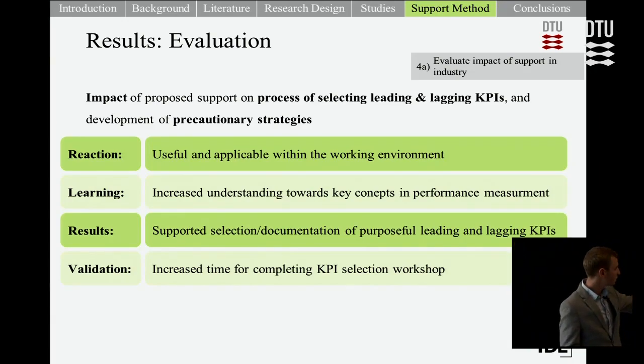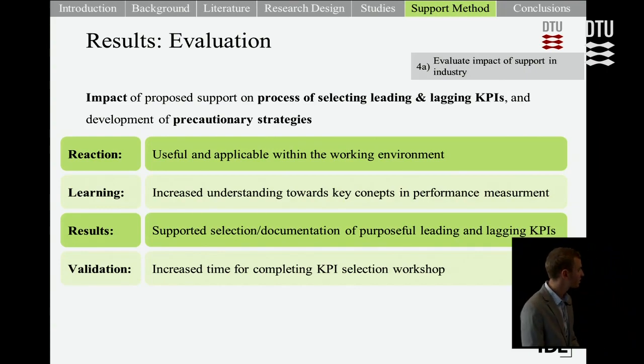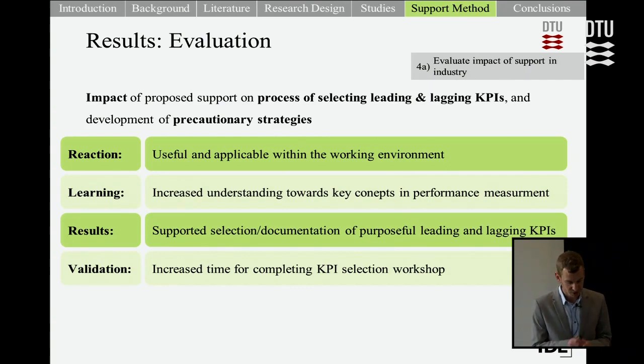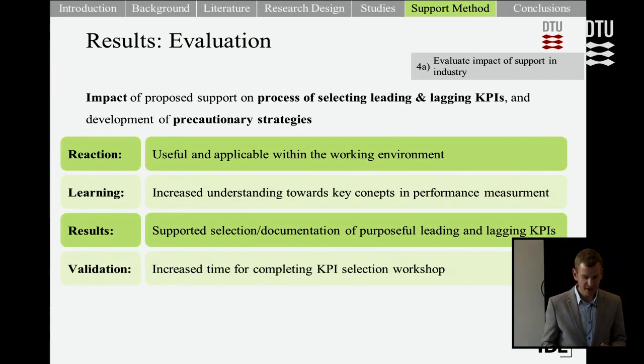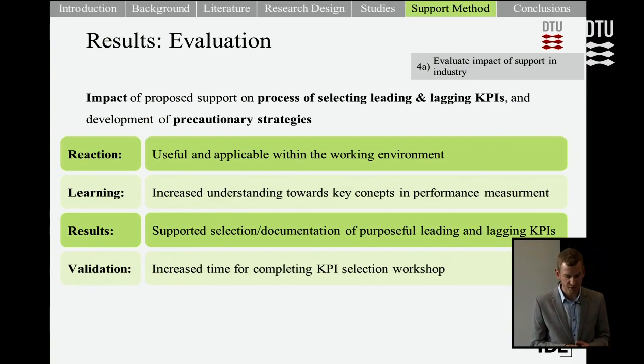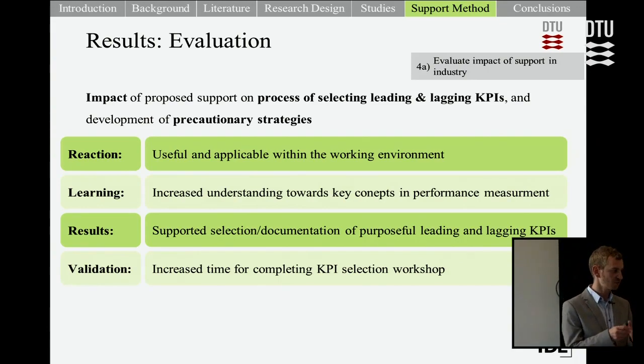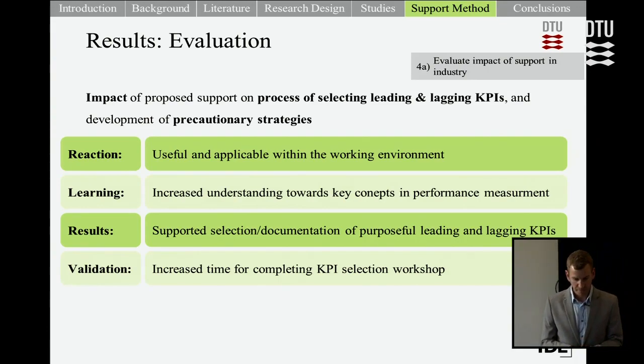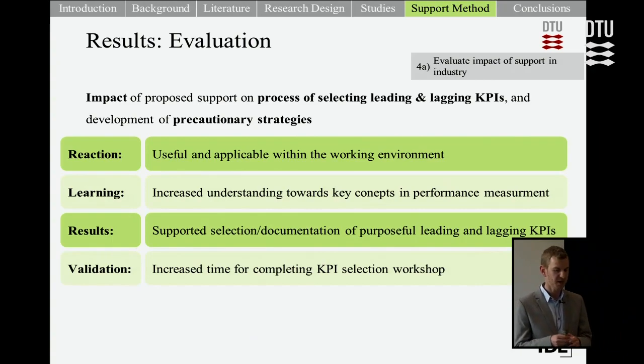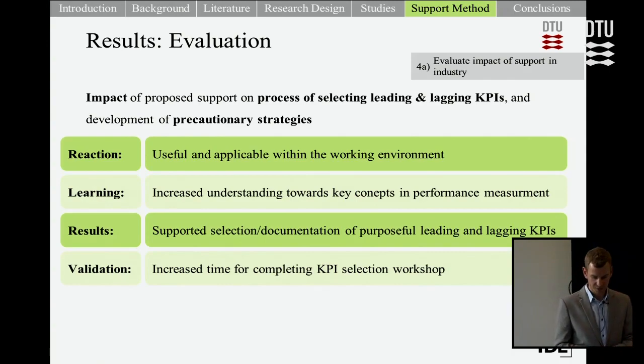From the survey results and the workshop, we identified that the KPI toolkit was useful and applicable within the actual environment it was implemented, and it increased the level of understanding within the team towards these key concepts, the leading and lagging KPIs. Also, we see that the results supported the actual selection process and documenting of purposeful leading and lagging KPIs. And here we compared the results of the KPIs back to key characteristics for selecting KPIs by Neely.